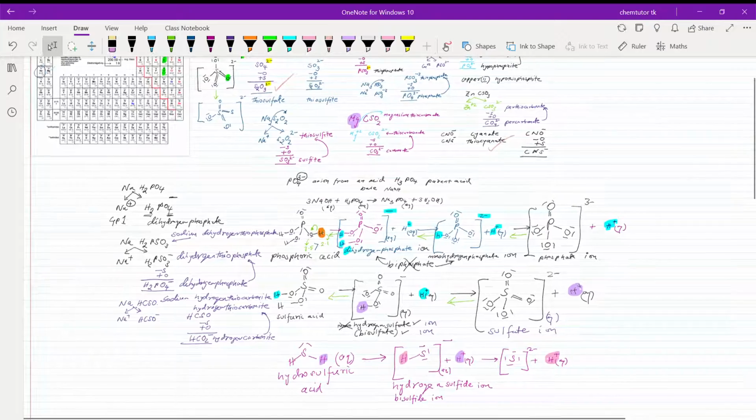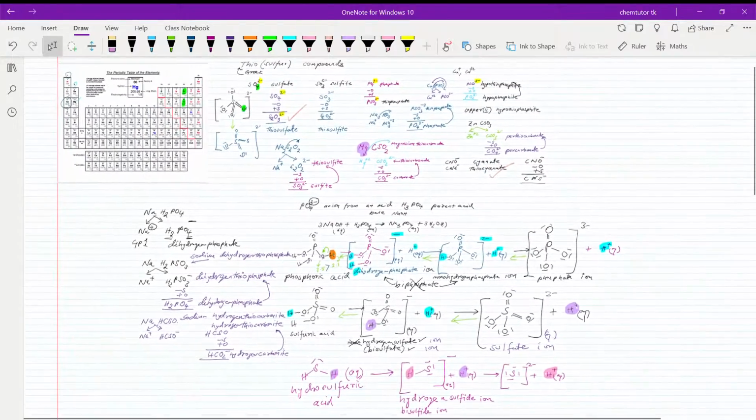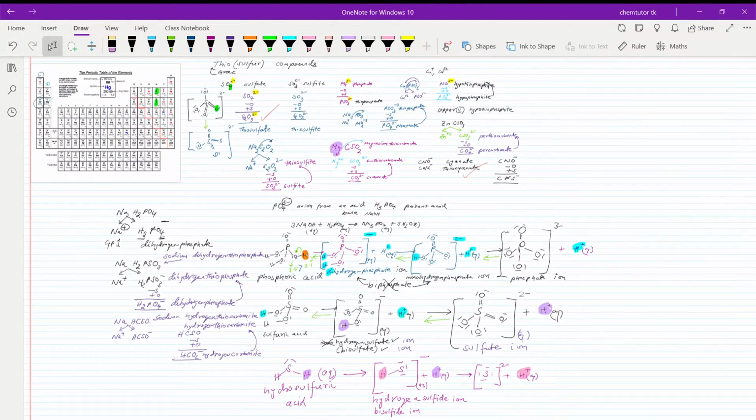Okay. Now everything together. Can you see here on the screen? You can see thio compounds and acid radicals using a periodic table. This is applicable, if you use the same pattern, you can use the phosphate one and apply it for arsenate, the same thing, carbonate for silicate, and sulfur, selenium, tellurium, all of them follow the same pattern.